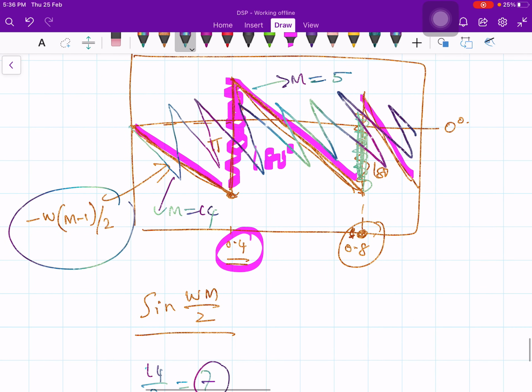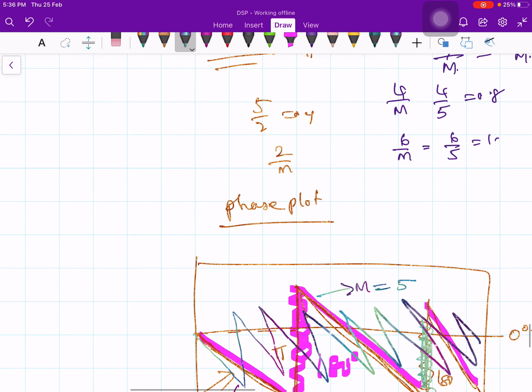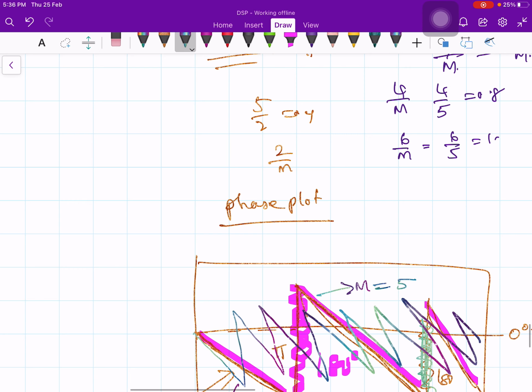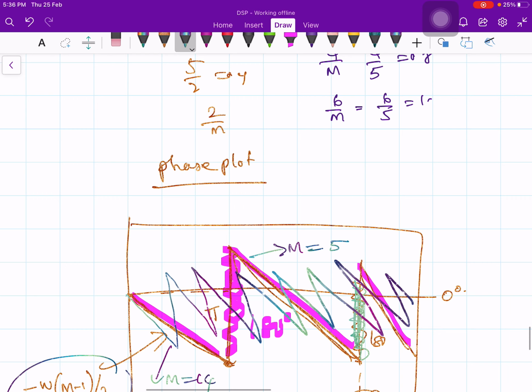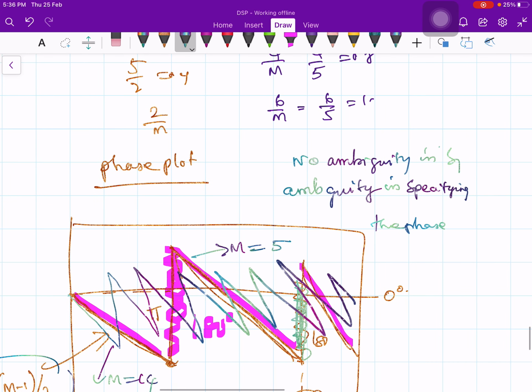And in specifying the magnitude, we have no peculiar manner, right? Magnitude is very easy, explicitly you can specify. But there is an ambiguity in specifying the phase, and no ambiguity in specifying the magnitude.